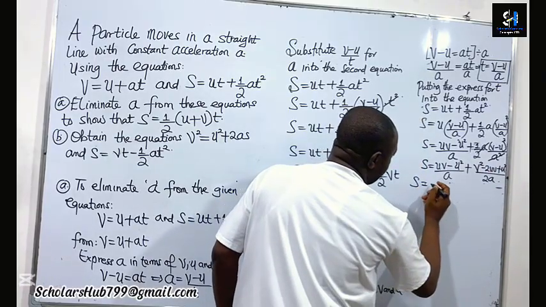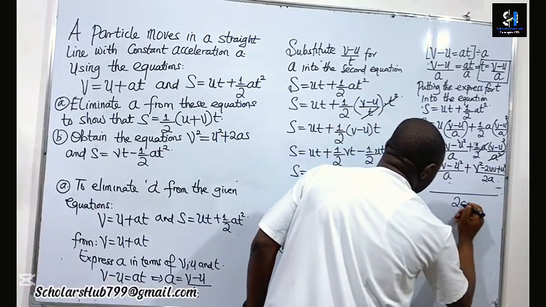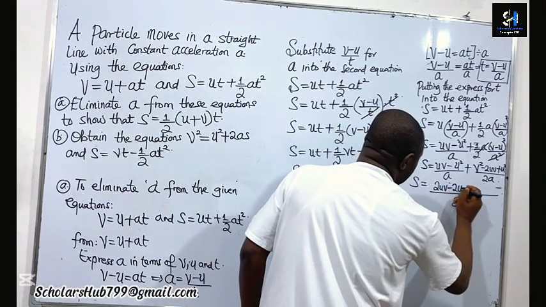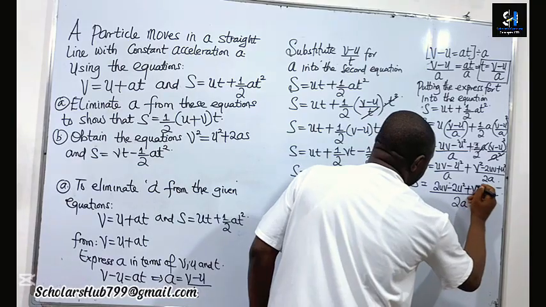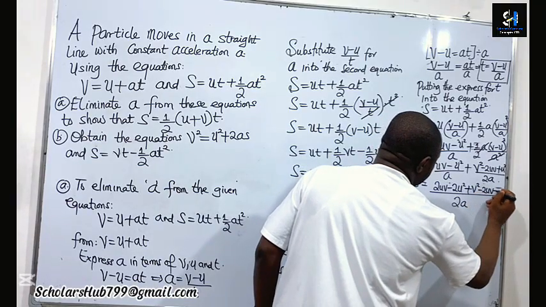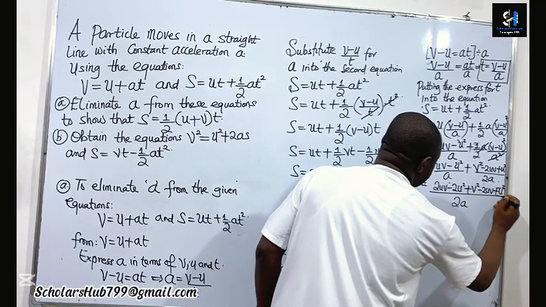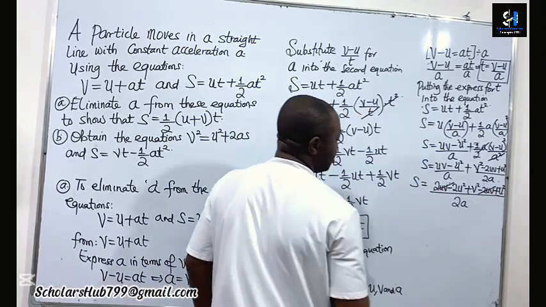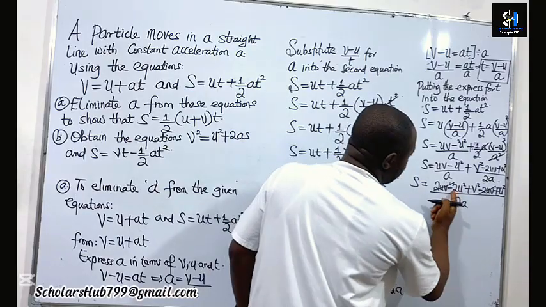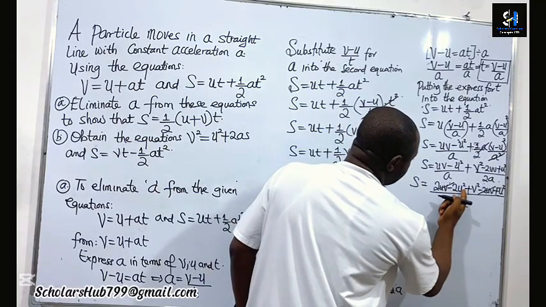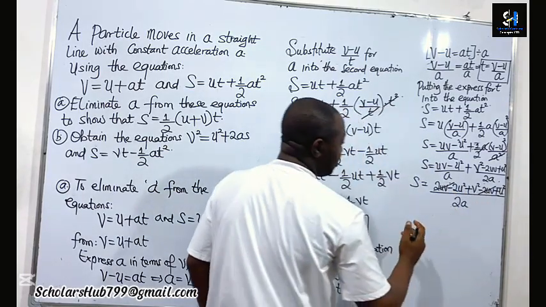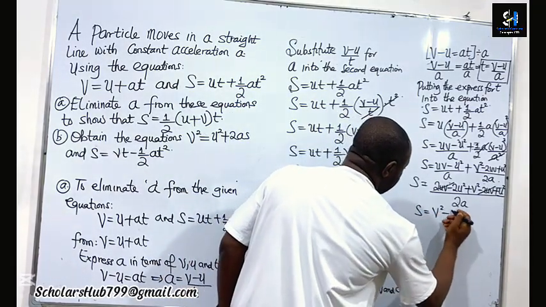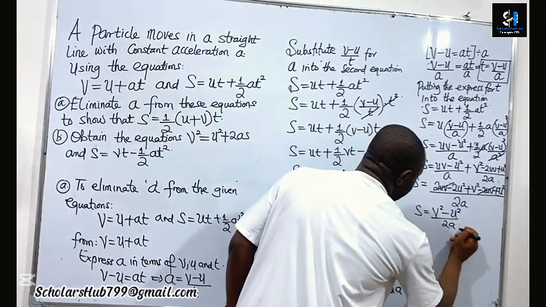So s equals, the LCM is 2a, 2uv minus 2u squared, then plus v squared minus 2uv plus u squared. Okay, so now 2uv minus 2uv is 0. Then we have negative 2u squared plus u squared, that will be negative u squared, so that s will be equal to v squared minus u squared divided by 2a.